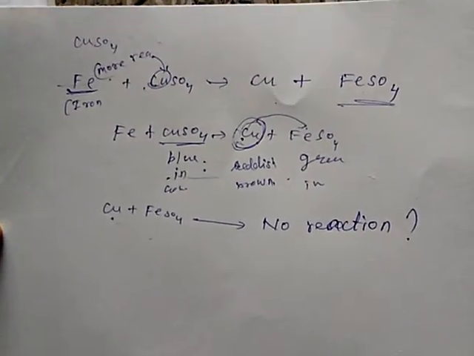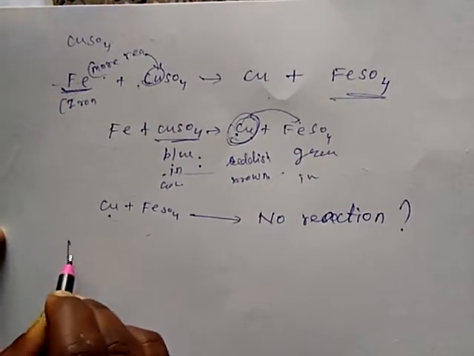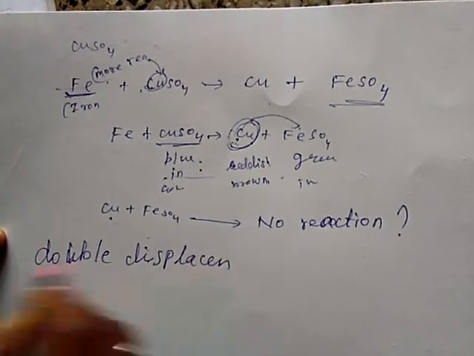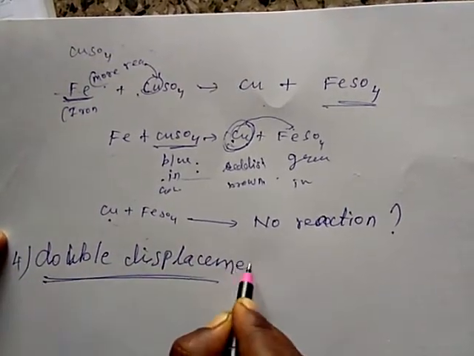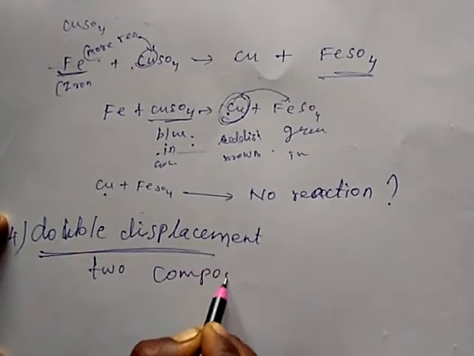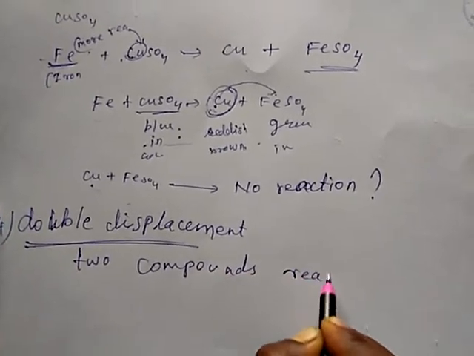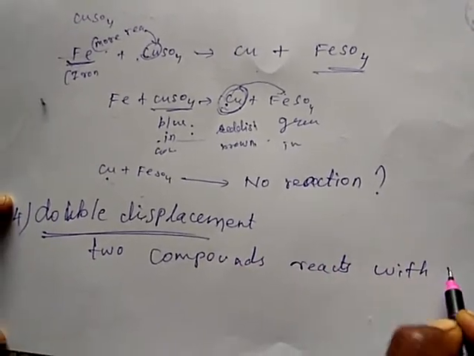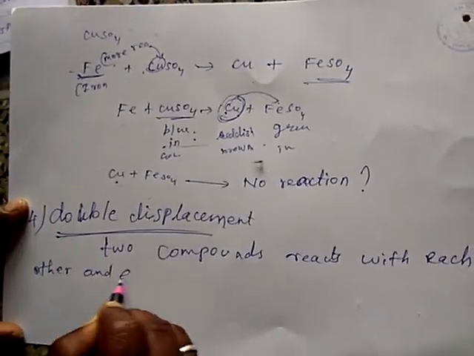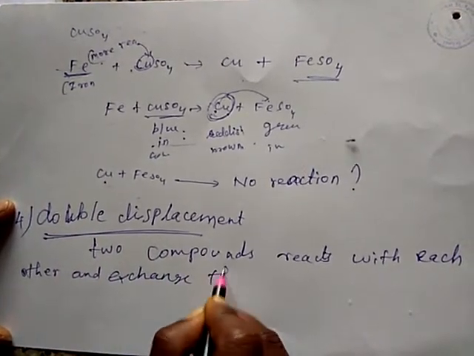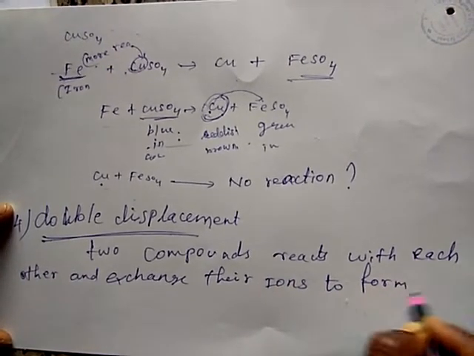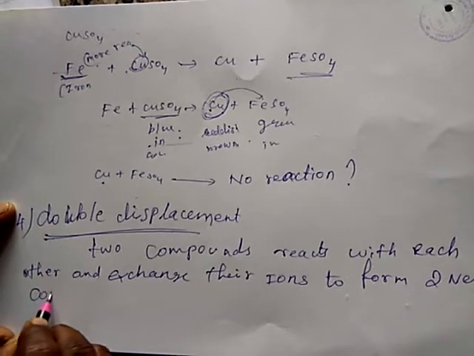In a double displacement reaction, two compounds react with each other and exchange their ions to form two new compounds.